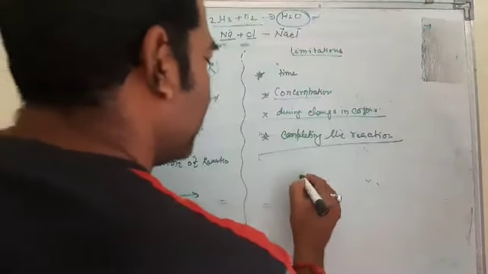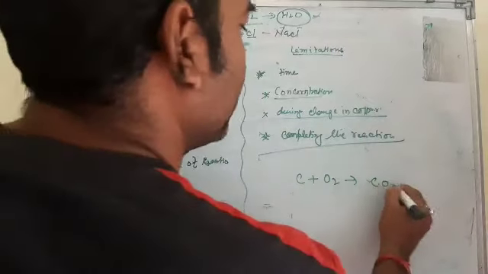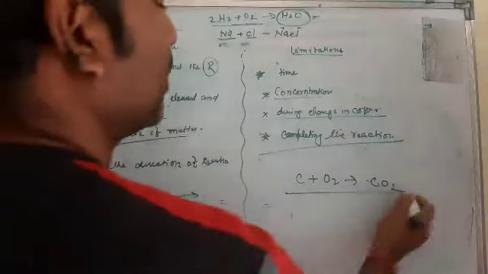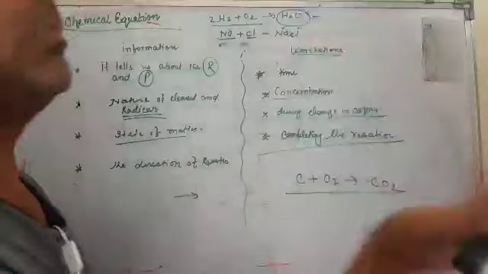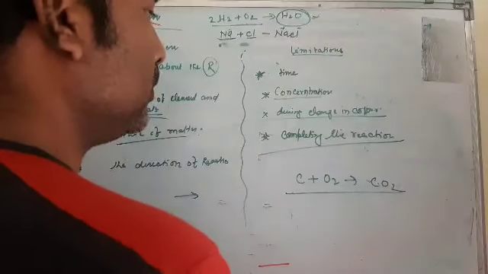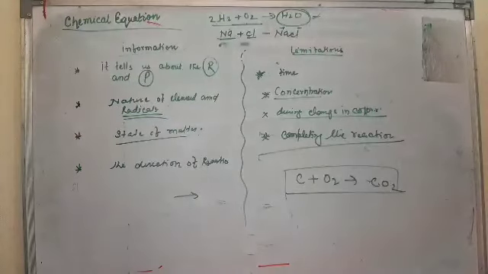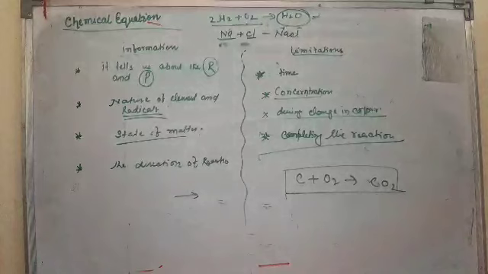Again, a very simple example we take. C plus O2, coal plus oxygen forms CO2. How much coal you take? As much coal you take, as much carbon dioxide is formed. So whether the reaction is complete is not given. These are the limitations.